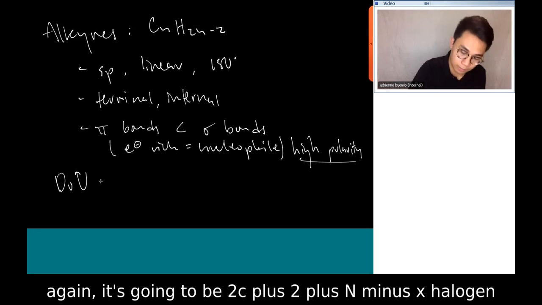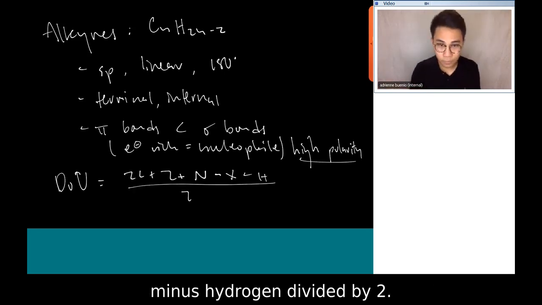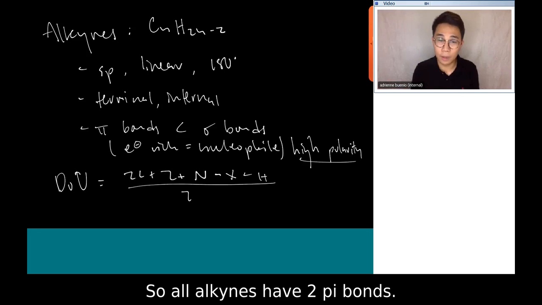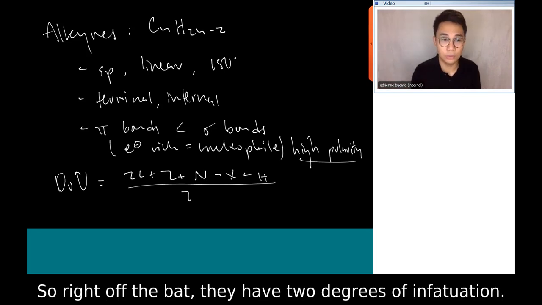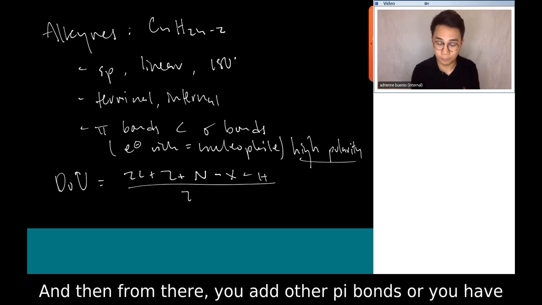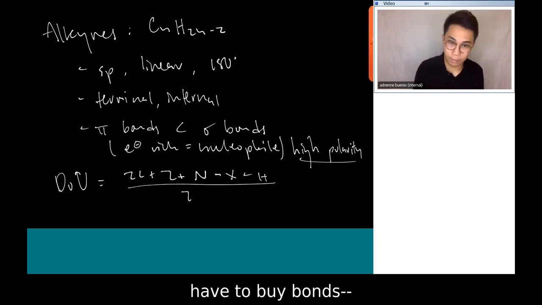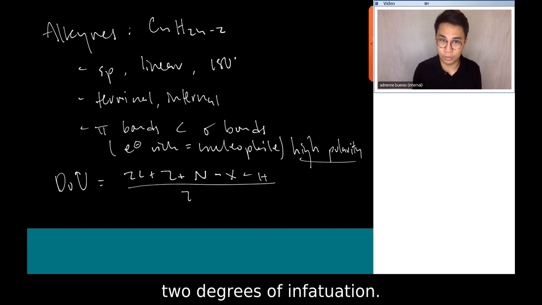Again, it's 2C plus 2 plus N minus halogens minus hydrogens, divided by 2. Alkynes have 2 pi bonds, so right off the bat they have 2 degrees of unsaturation. And from there, you add other pi bonds or a ring or something like that. So automatically 2 pi bonds, 2 degrees of unsaturation.